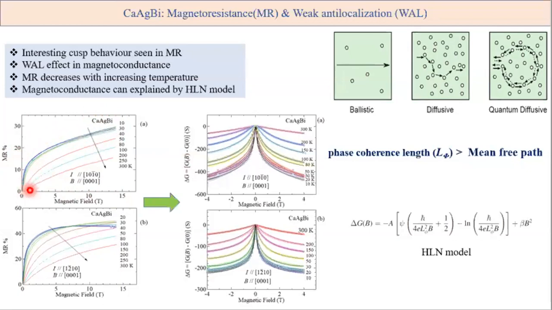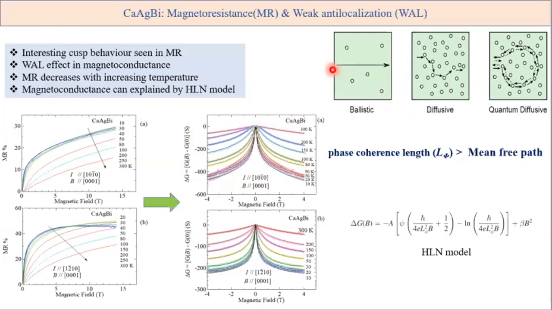This low field cusp-like behavior is known as a phenomenon called weak antilocalization. I will come to what that phenomenon basically means. So this is the magnetoconductivity plot. It shows the same kind of behavior, but in magnetoconductance form.